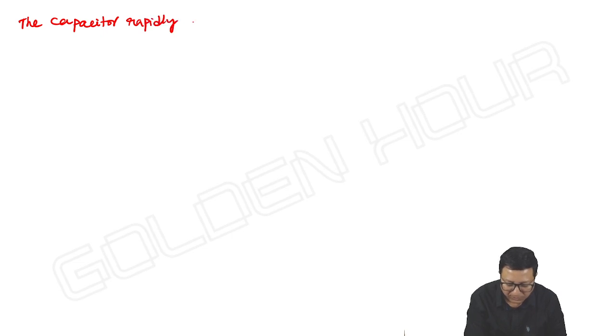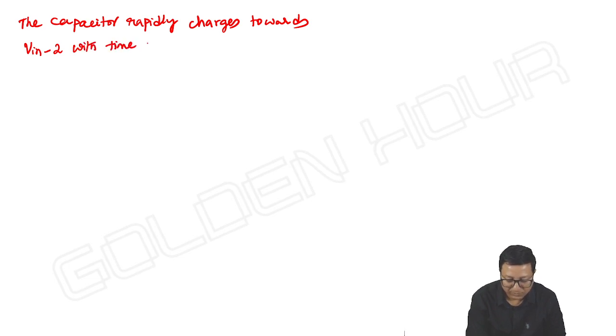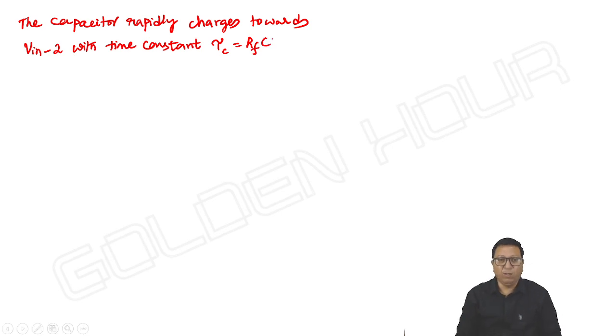So the capacitor rapidly charges towards V input minus 2 with a time constant tau C equal to RF into C. Sorry, here I took an ideal diode.